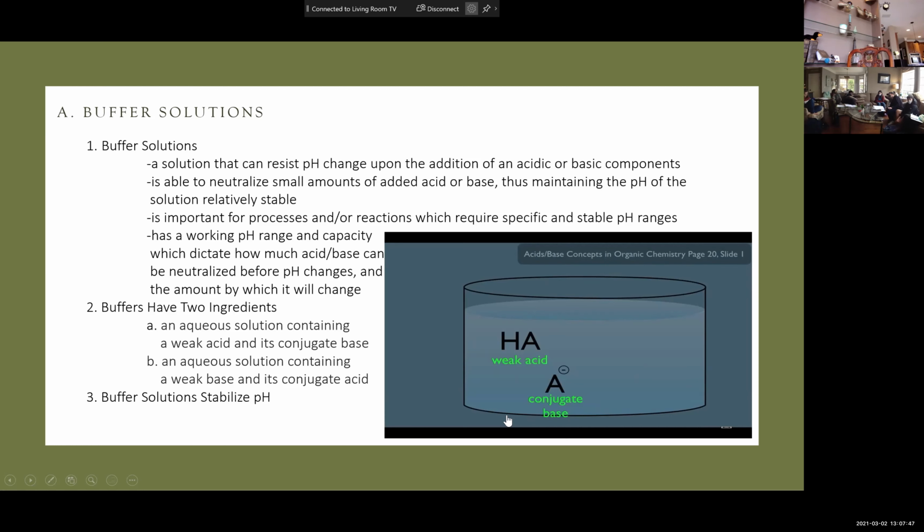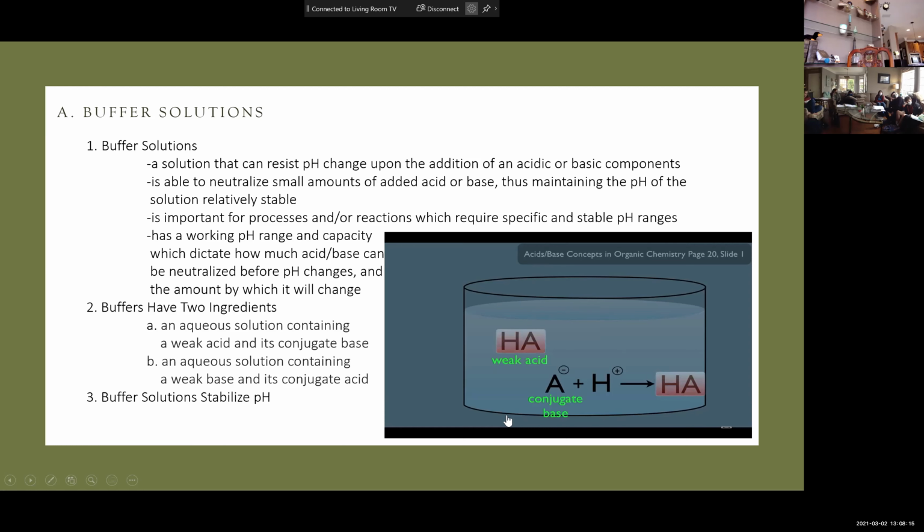Well, remember, one way to change the pH is to add a strong acid or pure H plus into the solution. Let me show you what happens here. After this is added, the A minus combines with that H plus, and think about it. The A minus is attracted to the H plus, and it comes together and makes HA, which happens to be the weak acid of our buffer.